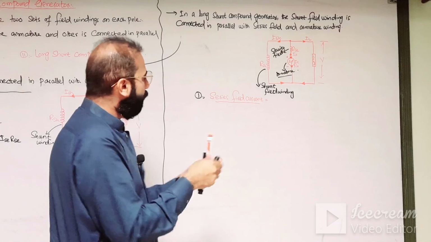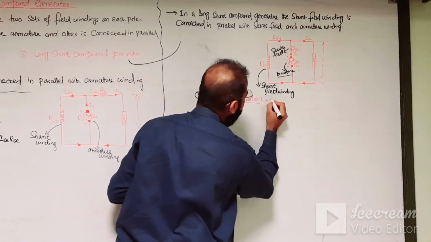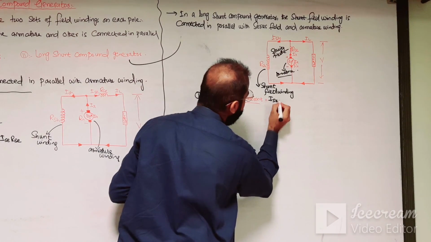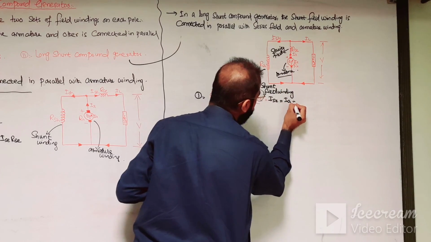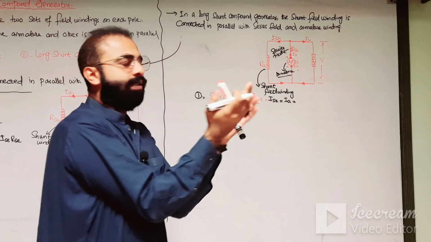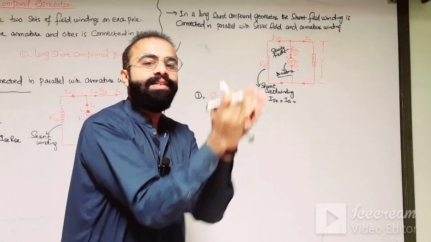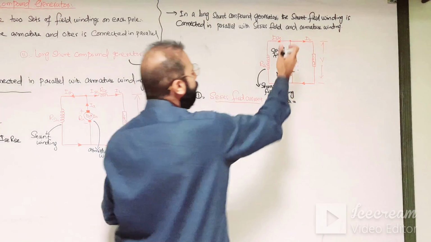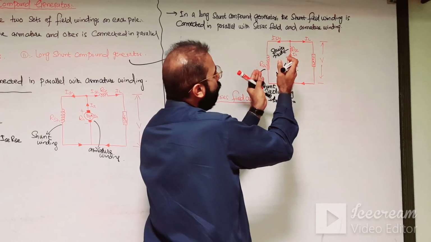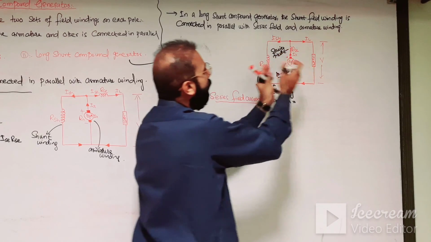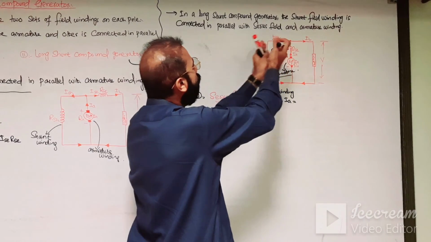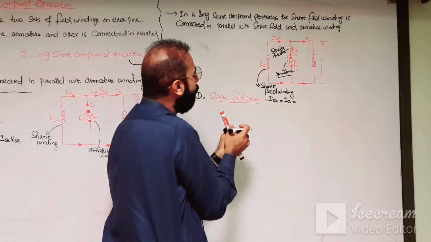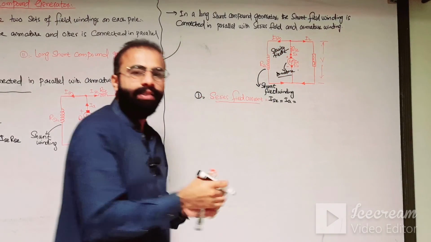Now here in this case, the current in the series field winding is equal to the current in the armature. This armature and series field winding current is divided into two parts. The first current moves towards the load, so that is called the load side current, and the second current moves towards the shunt field winding, so that is called the shunt field current.